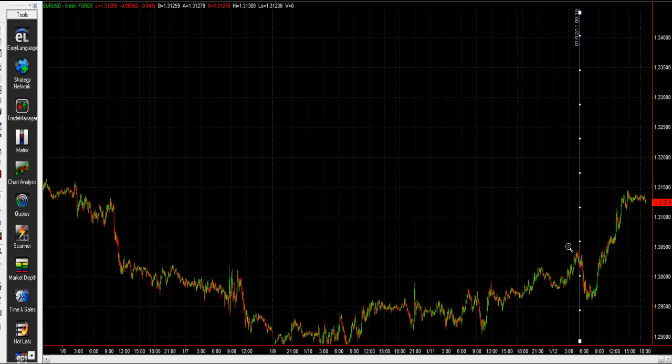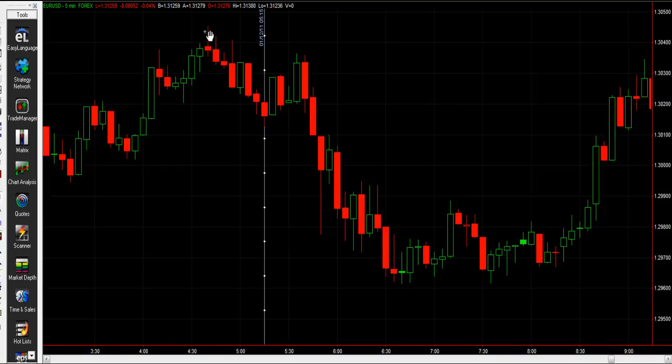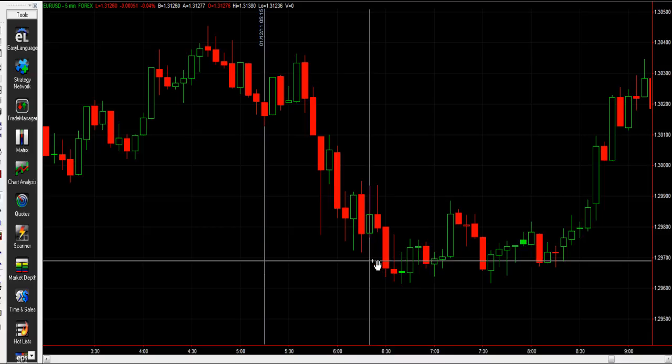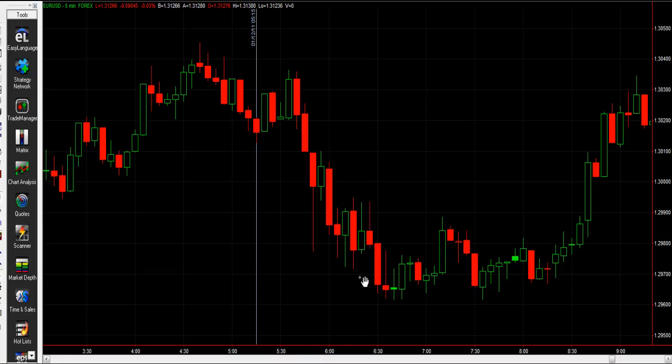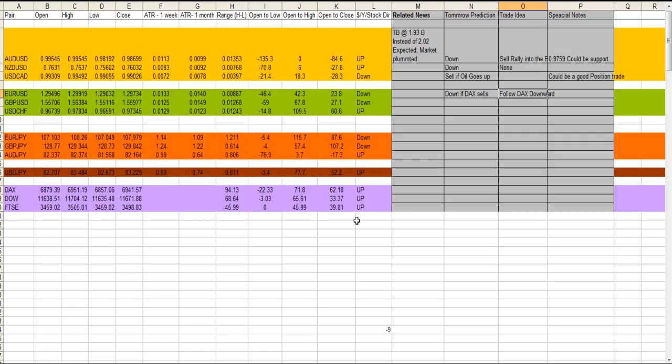At about 5 o'clock, when we got that cross below, we had already made the high for a swing high, and we could sell right here with a stop above this swing high with a 1:2 target, and we would have hit our target. So that would be a very good trade. Now let's look at the other recommendations.